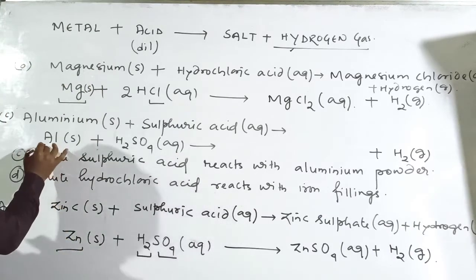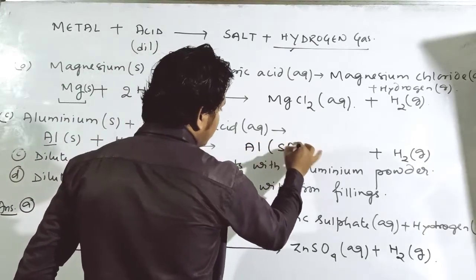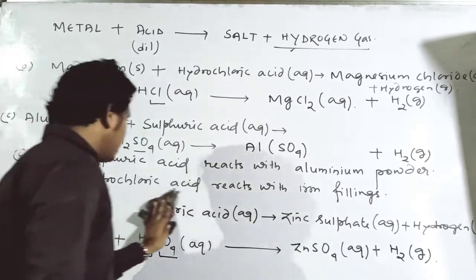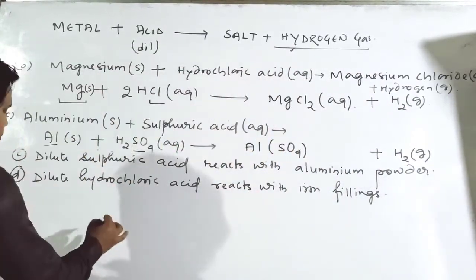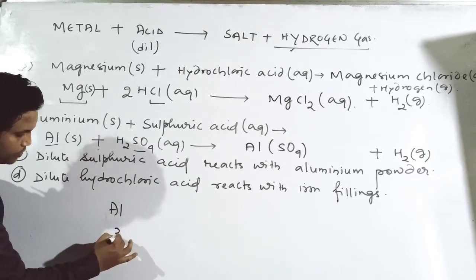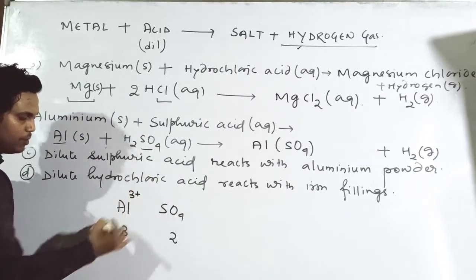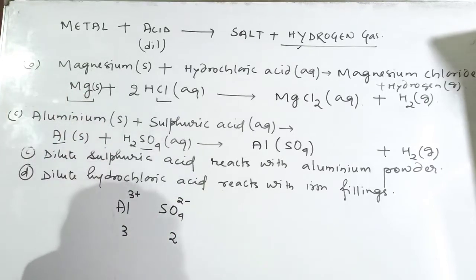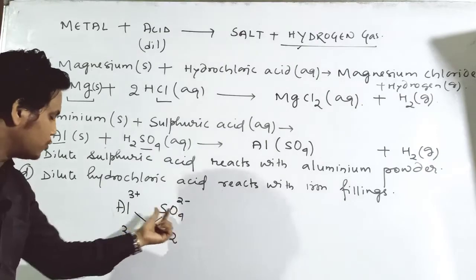The salt will be aluminium sulfate. What is the formula for aluminium sulfate? Aluminium has valency 3 and sulfate has valency 2. We write aluminium as Al3+ and sulfate as SO4 2-. Criss-cross: Al 2 times, SO4 3 times.